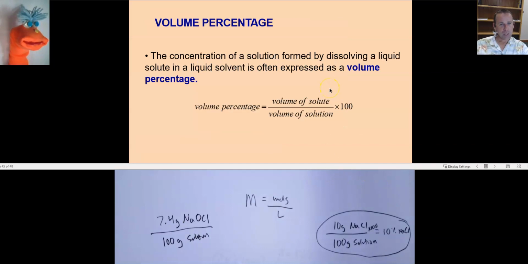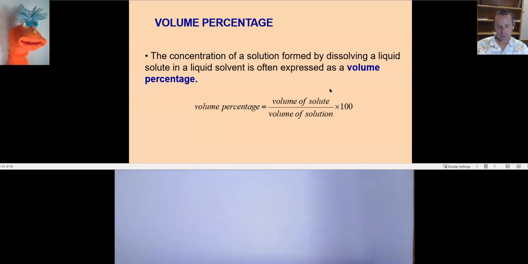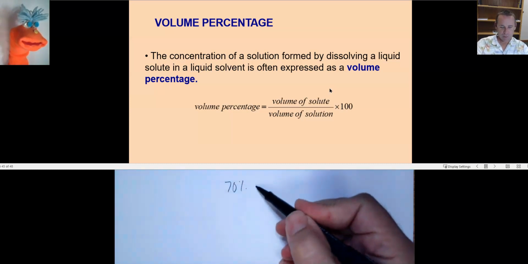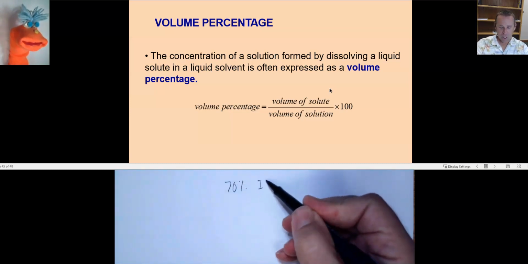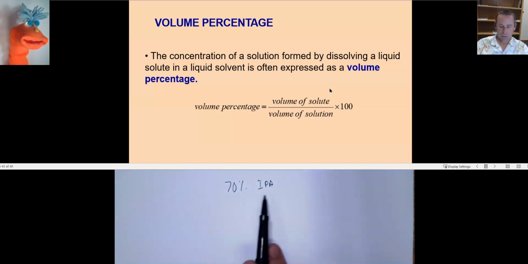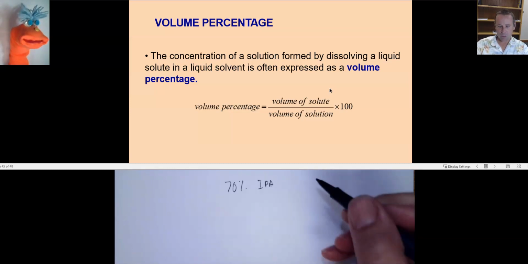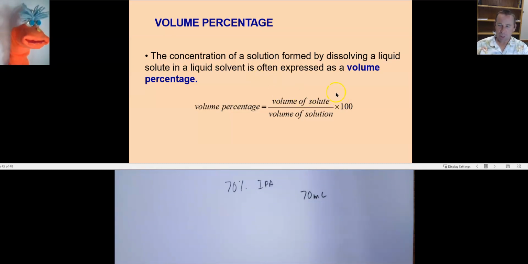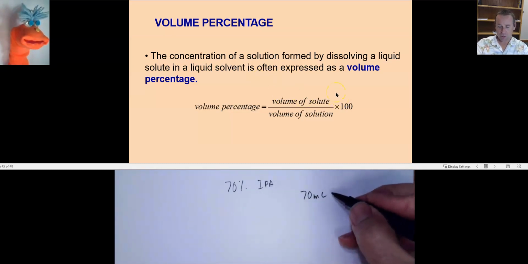All right. I could also express it in terms of volume percent. Volume percent. So, meaning this is usually done when your solute is a liquid. So, for example, if I have 70% alcohol, IPA, isopropyl alcohol, that's the alcohol that we generally buy, the rubbing alcohol that we buy at the store or at the pharmacy. 70% isopropyl alcohol means that there's 70 milliliters, this is now in volume, because alcohol is a liquid at room temperature, right?